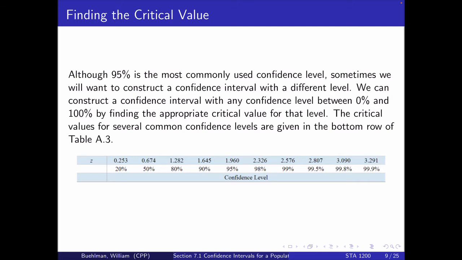Although 95% is the most commonly used confidence level, sometimes we will want to construct a confidence interval with a different level. We can construct a confidence interval with any confidence level between 0 and 100 by finding the appropriate critical value for that level. The critical values for several common confidence levels are given in the bottom row of table A3. So if you look at the bottom of table A3, you'll see these z-scores with the confidence level.